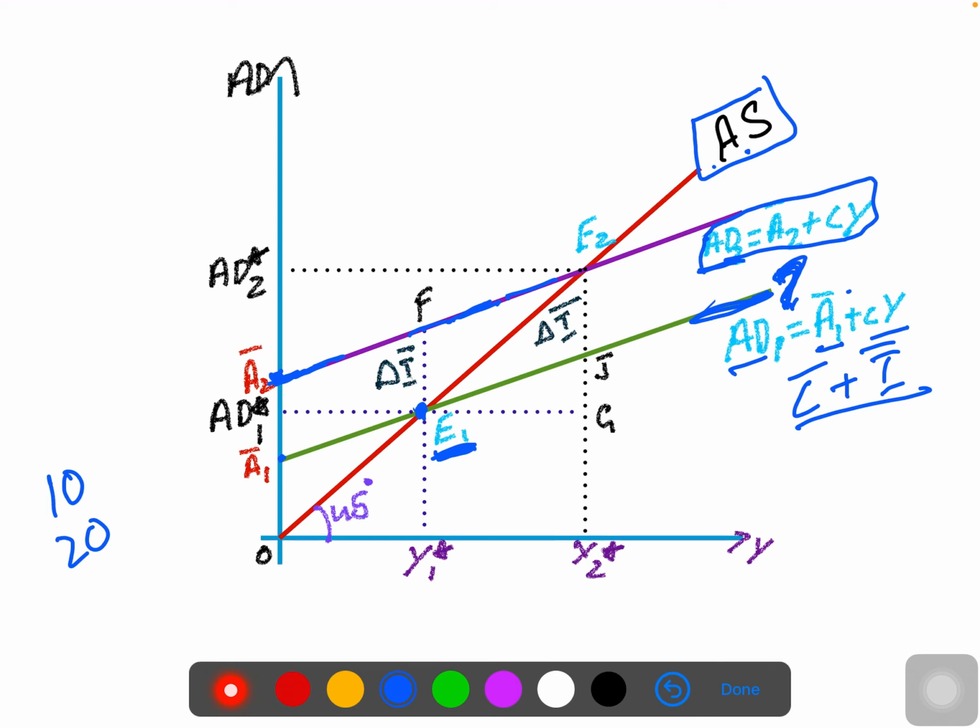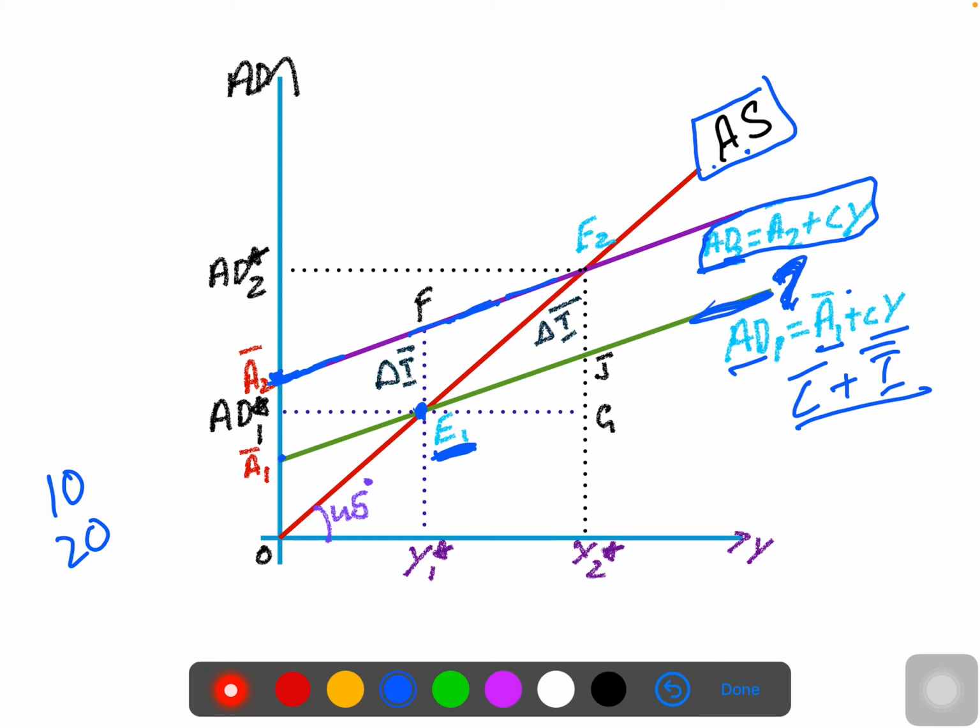Now instead of Y1 and E1, we got Y1 and F. Which one is greater?